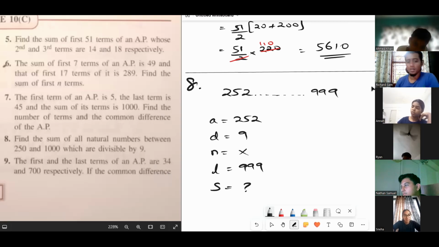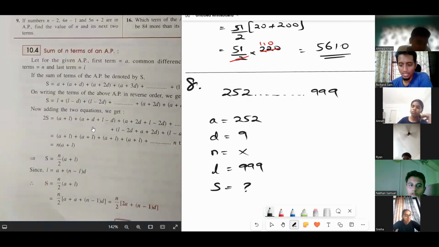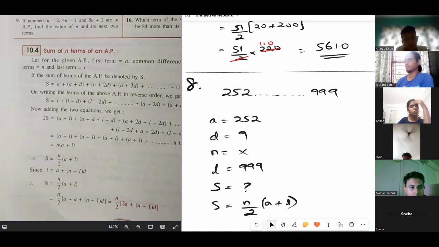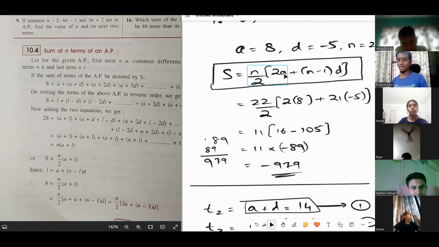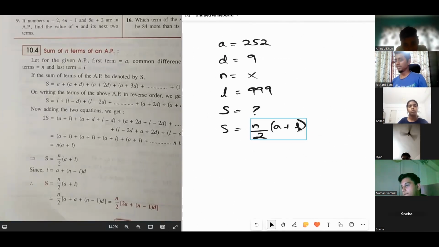We have to find the sum. So for this case, we have another formula. So that's where you have the second formula for S. S is equal to N upon 2 into A plus L. So we have two formulas to find sum. The first formula is if we have A, D, and N. And the second formula is if we have A, N, and L, no D. In place of D, we have L here, right?